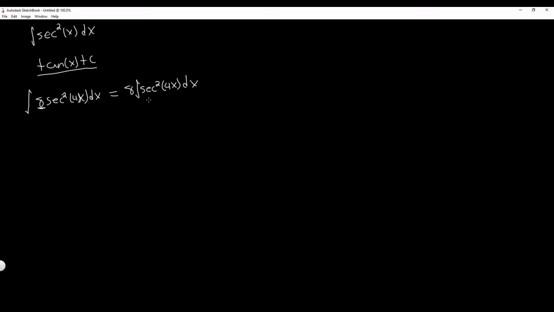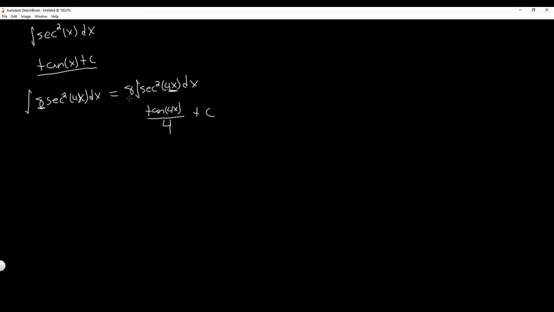We know that the antiderivative of secant squared is tangent x, so we're going to say tangent of 4x, because we're going to keep the angle the same, divide by the derivative of the angle, which is 4. So tangent of 4x divided by 4 plus c.